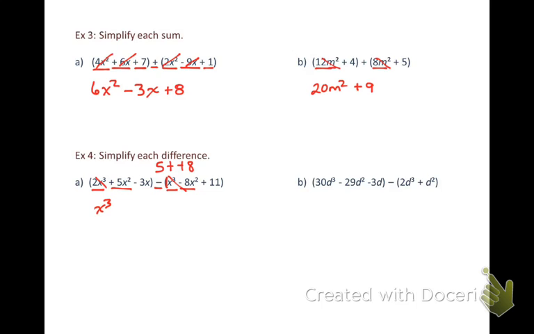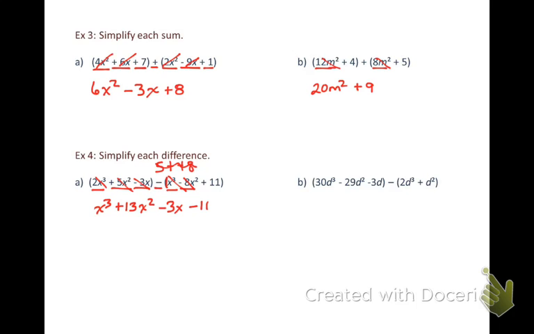Remember, you make them positive, so 5 plus 8, and that is 13. So that would be plus 13x squared. We do not have another x, so we're just looking at negative 3x, and that's it. So it's minus 3x. And then what you have left is minus positive 11, which would be minus 11. And there's your answer, and it's in standard form.